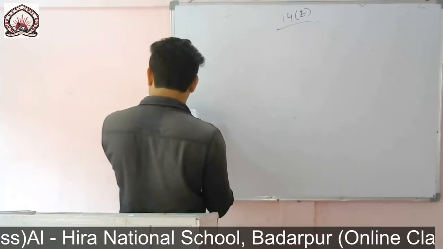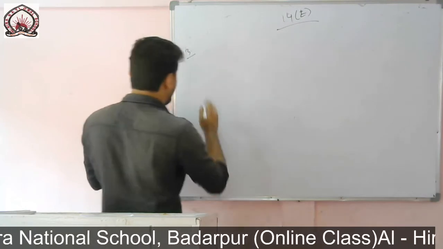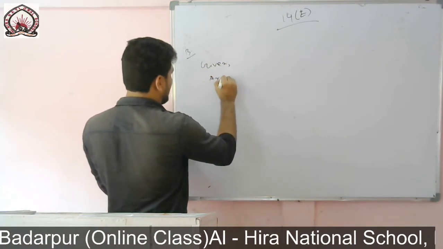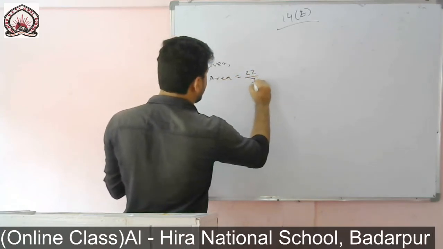That means the area is given, and you have to find the radius. So write given: area equals 22 by 7.